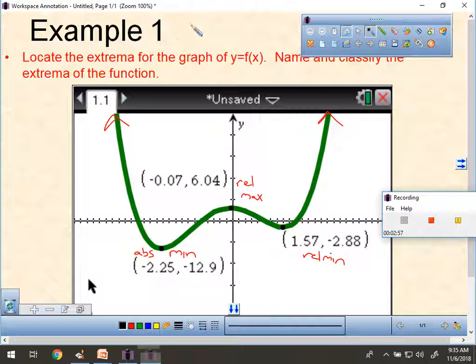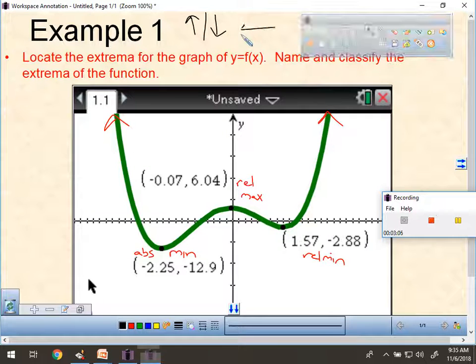Remember, to talk about your intervals of increasing and decreasing, you have to read the graph from left to right. So starting on the left-hand side, what's the graph doing first? Decreasing, and then increasing, and then decreasing, and then increasing. So what I like to do, guys, is put that: decreasing, then increasing, then decreasing, then increasing.